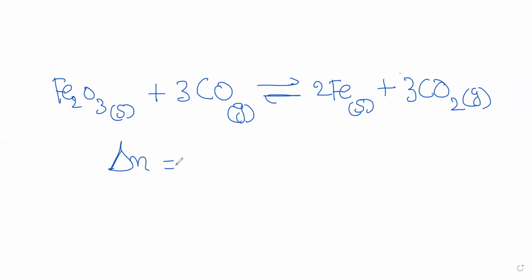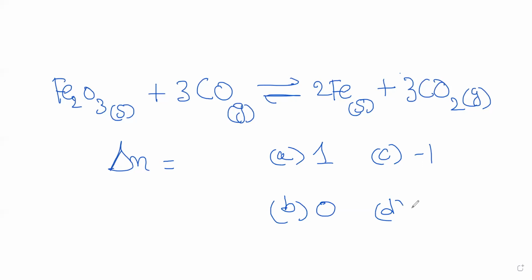Hello. What would be the answer? Okay, I will give you options. Option A is 1. Option B is 0. Option C is -1. Option D is none.